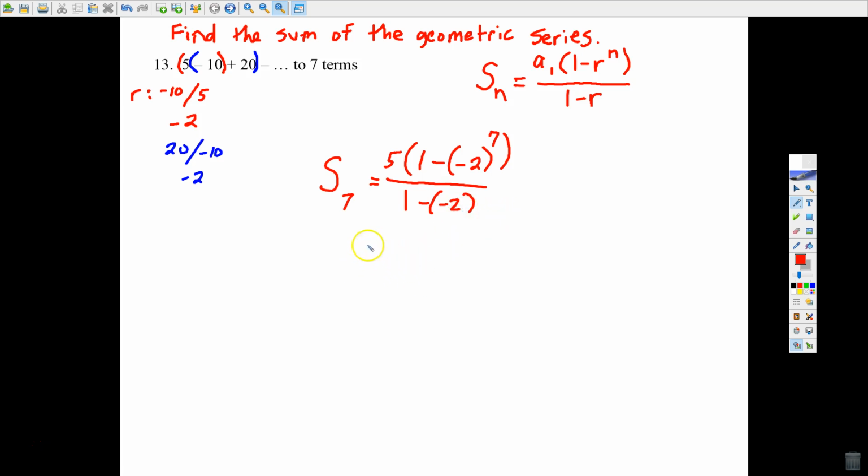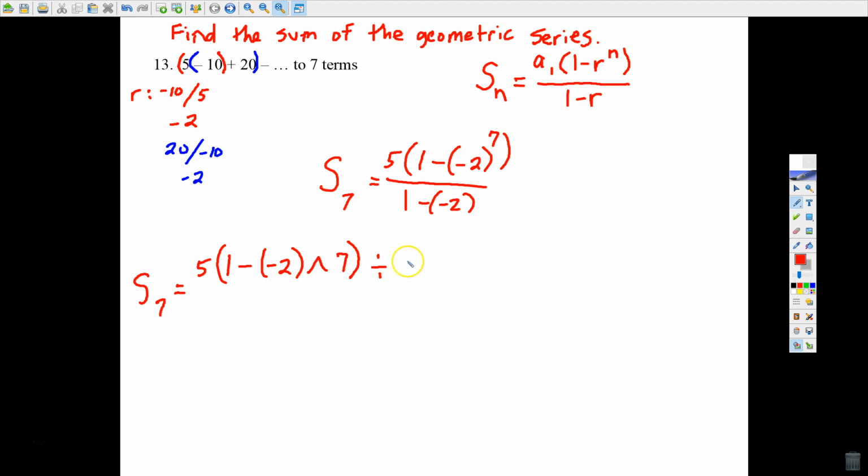Once you know the formula and how to plug in, your calculator is going to do the heavy work. The sum of these 7 terms, let's plug into our calculator. You're going to do 5, left parentheses, 1 minus -2, and then raise -2 to the 7th power. Close your parentheses at that point, divided by.